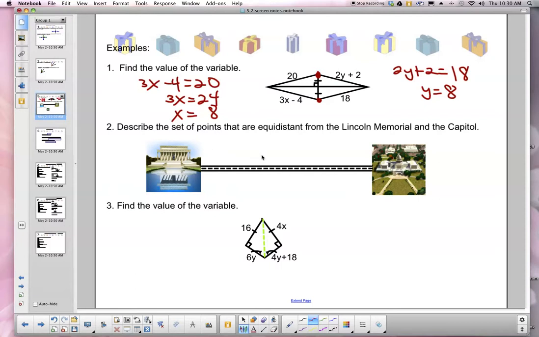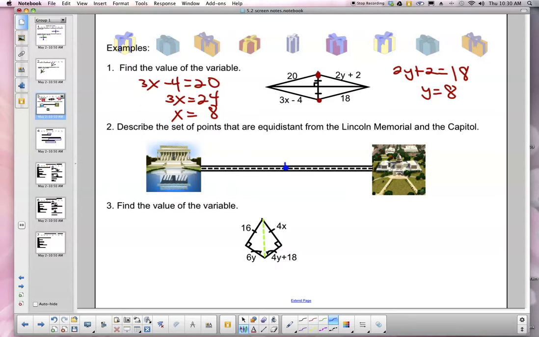Another way is, if you'll notice, this avenue connects the Lincoln Memorial with the state capitol. And if I want to describe all the points that are the same distance from the Lincoln Memorial and the Capitol, I would simply have to find the perpendicular bisector of this road. So I'm going to go right in the middle of the road, which would be right about here.